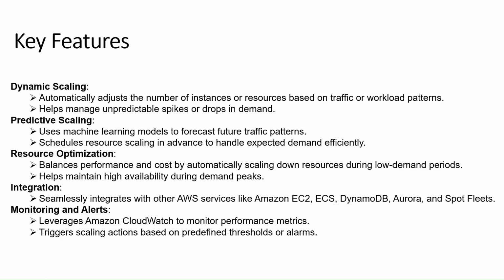Firstly, let's see what is dynamic scaling. Dynamic scaling automatically adjusts the number of instances or resources based on the traffic or workload patterns. So it automatically adjusts the number of instances or resources in real time based on traffic or the workload pattern.